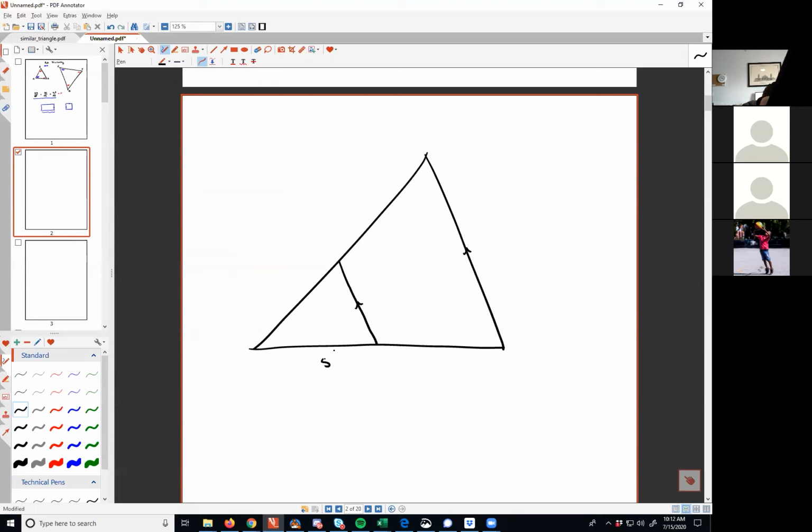I'm going to use length 5 and length 10 and length 12. And what we want to know is the length of MN.